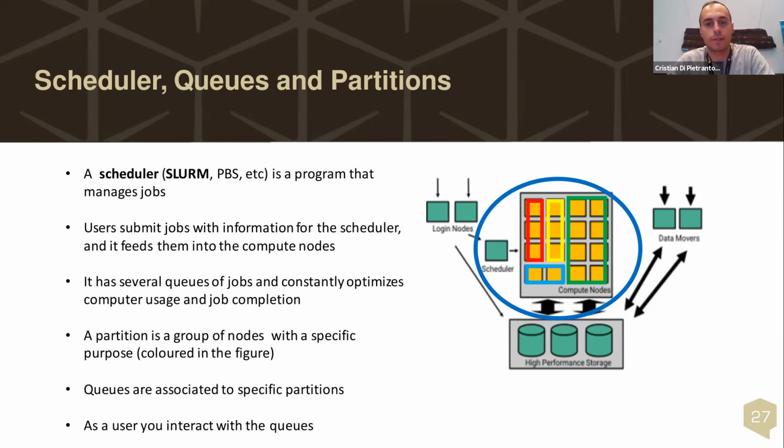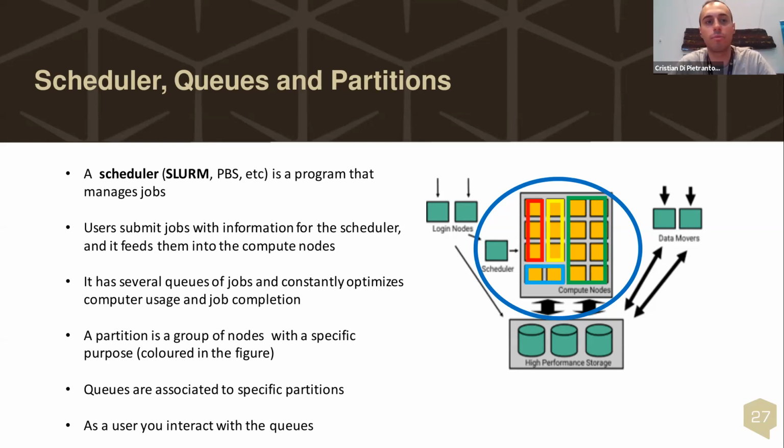What we have is that from the scheduler perspective, the compute nodes are divided in partitions. This is because we may have some nodes with some characteristics and other nodes with other characteristics. For instance, some nodes may have only CPUs, other nodes may have also GPUs, other nodes may have a higher amount of memory available.